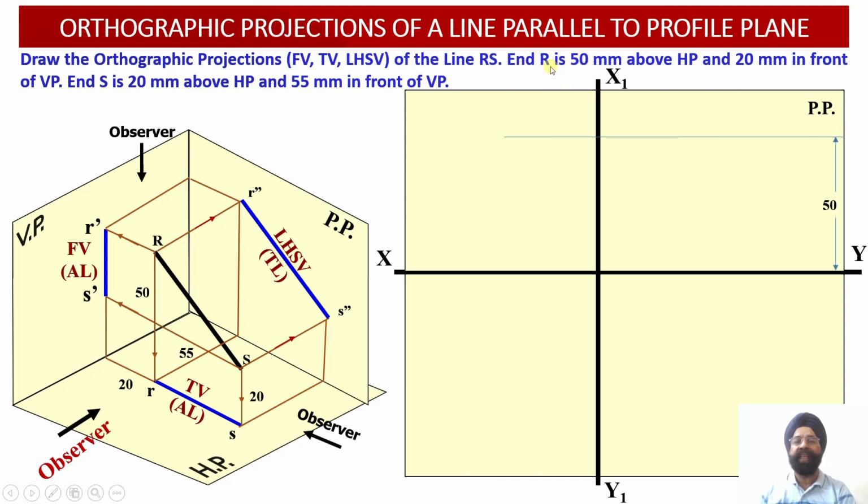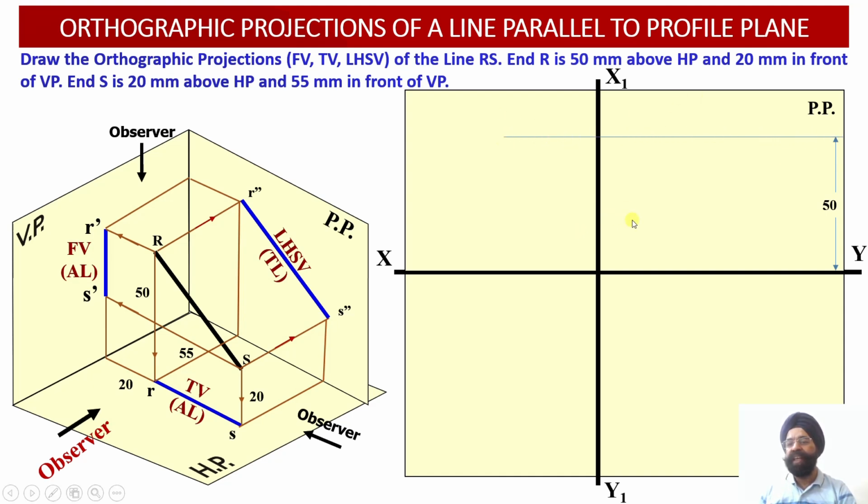R and point S. So we know that end R of the line RS is at a height of 50 millimeter above HP and 20 millimeter in front of the vertical plane. So just see, at a distance of 50 millimeter above the XY reference line or above the horizontal plane, we have drawn a horizontal locus line.